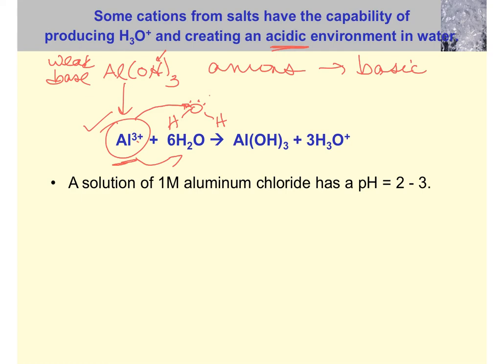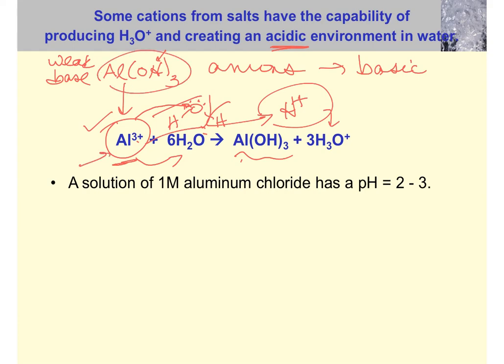And so it's going to snatch the opposite portion of a water molecule to make aluminum hydroxide, and the hydrogen ion is going to be left alone, which of course is going to find a water molecule to jump on. But the bottom line is cations, if they're from a weak base, will react with water to produce hydronium ion and decrease the pH.